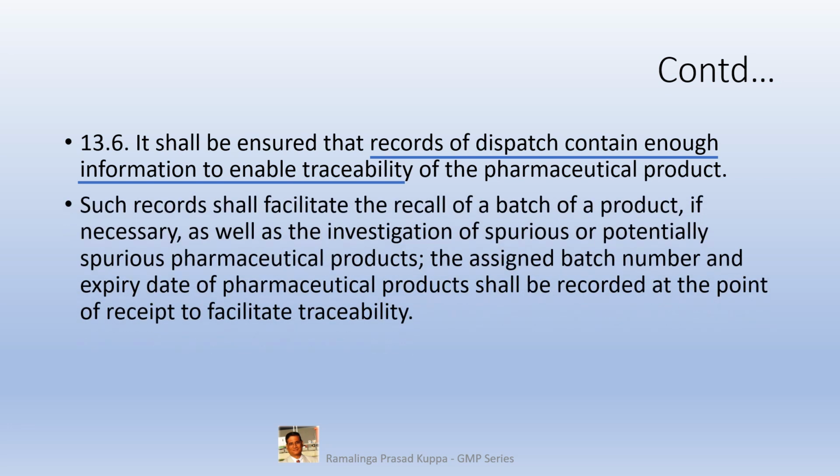Such records shall facilitate the recall of the batch of a product if necessary, as well as the investigation of spurious or potentially spurious pharmaceutical products. The assigned batch number and expiry date of the pharmaceutical products shall be recorded at the point of receipt to facilitate traceability. So the intent of section 13.6 is clear. This data is required for a potential recall, if any.